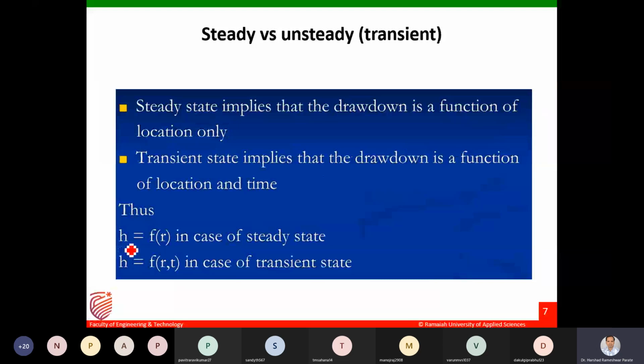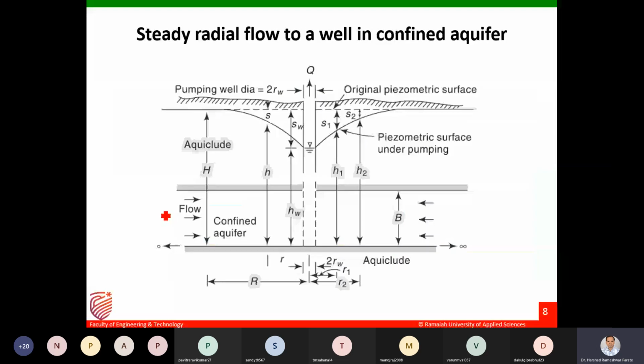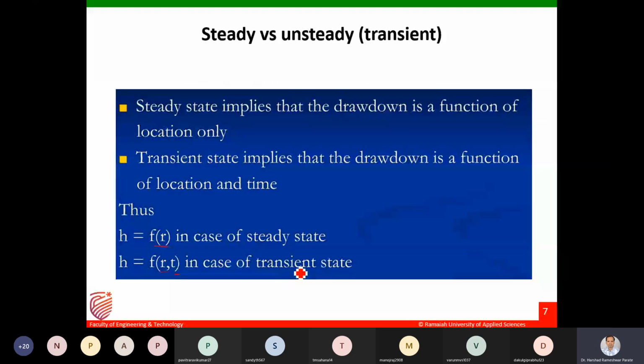In our syllabus, we are going to study steady radial flow, or steady state flows, and we are not focusing on transient or unsteady flow, because this is at an advanced level. When you take electives or go for a master's, you will have a separate subject on groundwater hydrology, where you will study unsteady flows in detail.